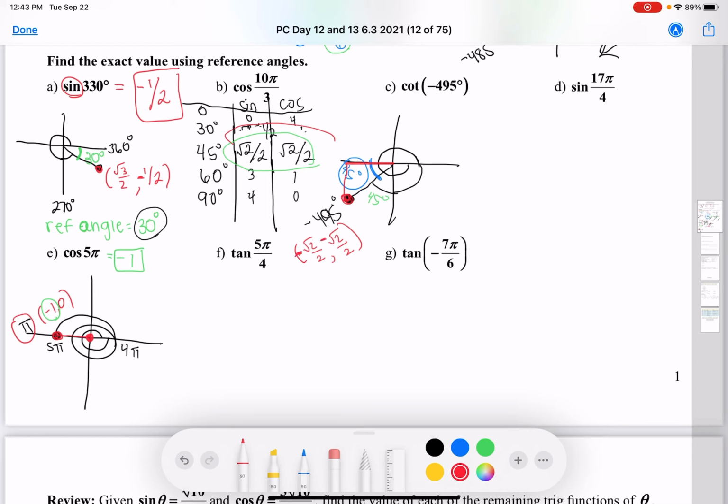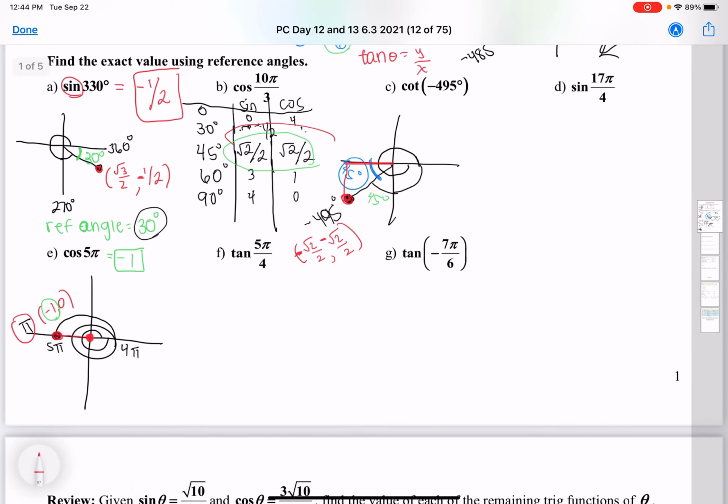All right, and now we can go ahead and say, what is cotangent going to be? Well, cotangent is the opposite of, sorry, cotangent is the reciprocal of tangent. We know tangent of any angle is sine over cosine, or in other words, y over x. That means cotangent then is that flipped around. So cotangent's x over y.